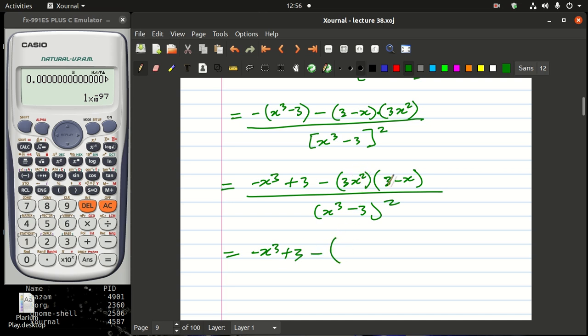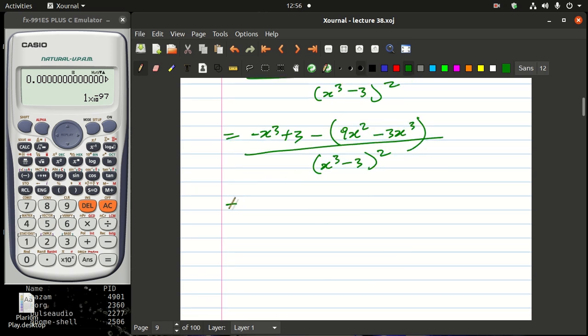So 3x squared times 3 is going to be 9x squared, and then 3x squared times minus x is going to be minus 3x cubed. So at least now I know that this is 9x squared, and then here I have x cubed, and then I divide this whole thing by x cubed minus 3, and then I square it up.